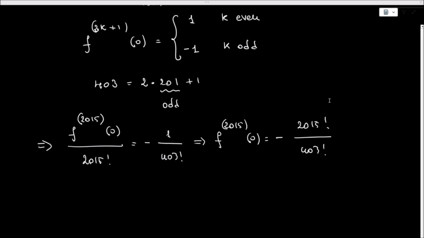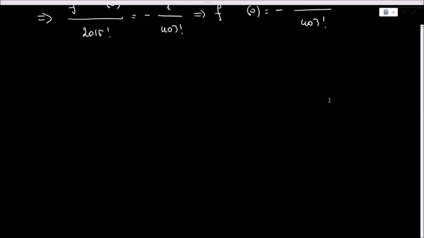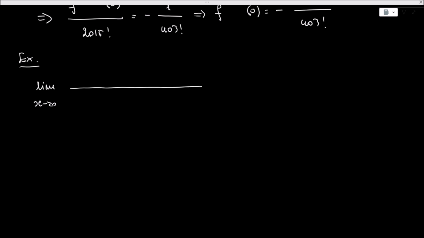As a final example of the application of the composition formula, let's solve the limit as x goes to 0 of this function: e to the 2x squared plus cosine of 2x minus 2, divided by x times arctangent of x minus x.